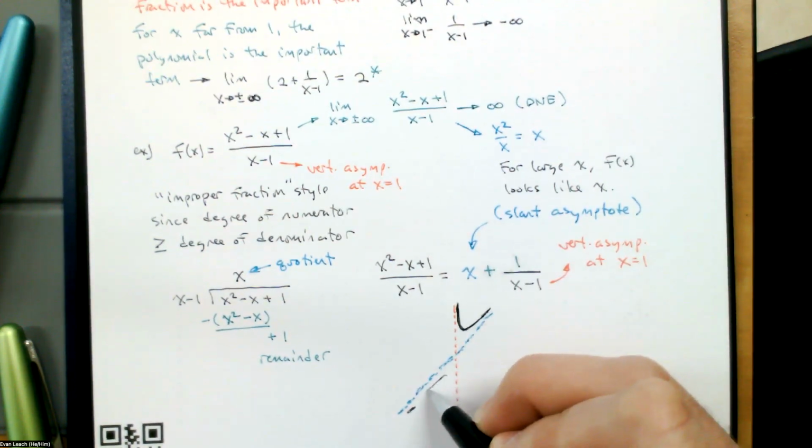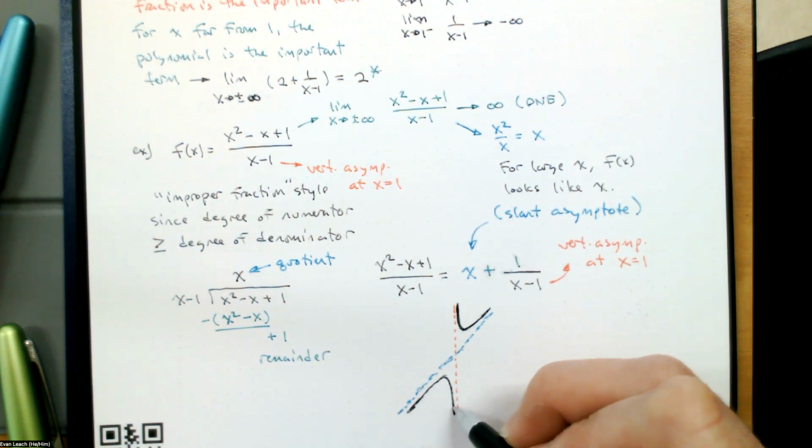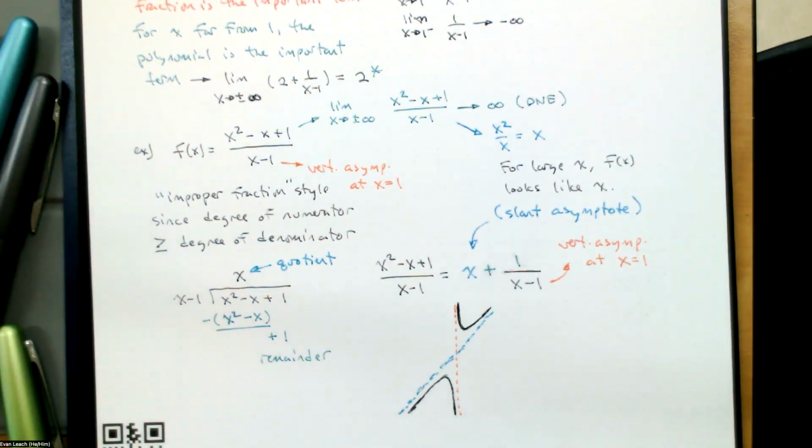There is a question about how deep the bends are going to cut into these corners. But this is just a slanted variation of the function 2 plus 1 over x minus 1. But instead of having that horizontal 2, I've got this slanted y equals x.